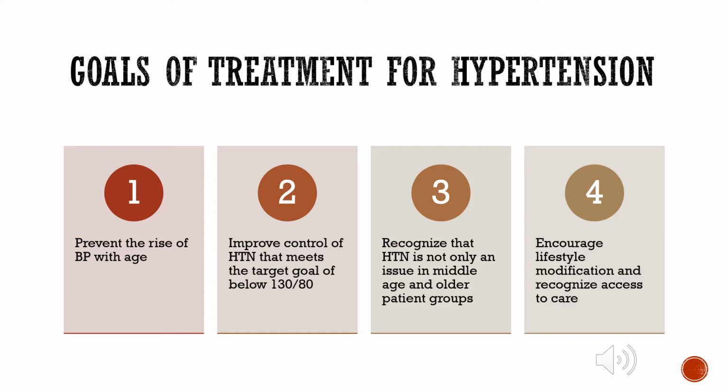And we want to encourage lifestyle modification and recognize that for some people, access to care is not a privilege. For some people who are living in lower SES, they might not have the chance of seeking medical care. So just as goal of treatment, we want to consider all of those factors.